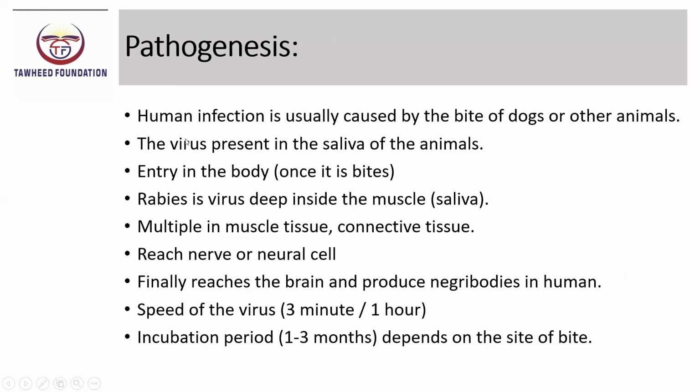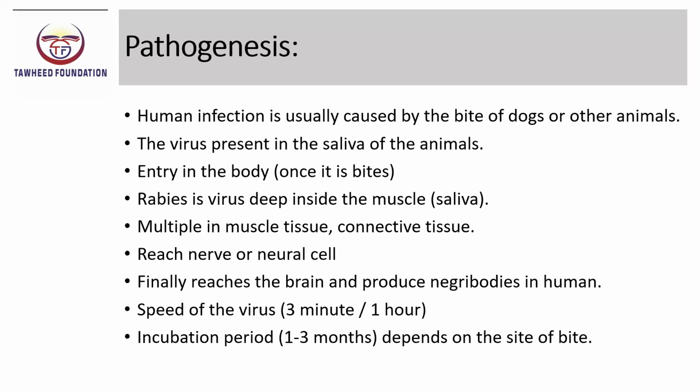Pathogenesis. Human infection is usually caused by the bite of dogs or other animals. It can also be caused by licks or aerosols. Once it bites, the rabies virus enters deep inside the muscle through saliva, then multiplies in muscle tissue and connective tissue, and reaches nerve or neural cells.